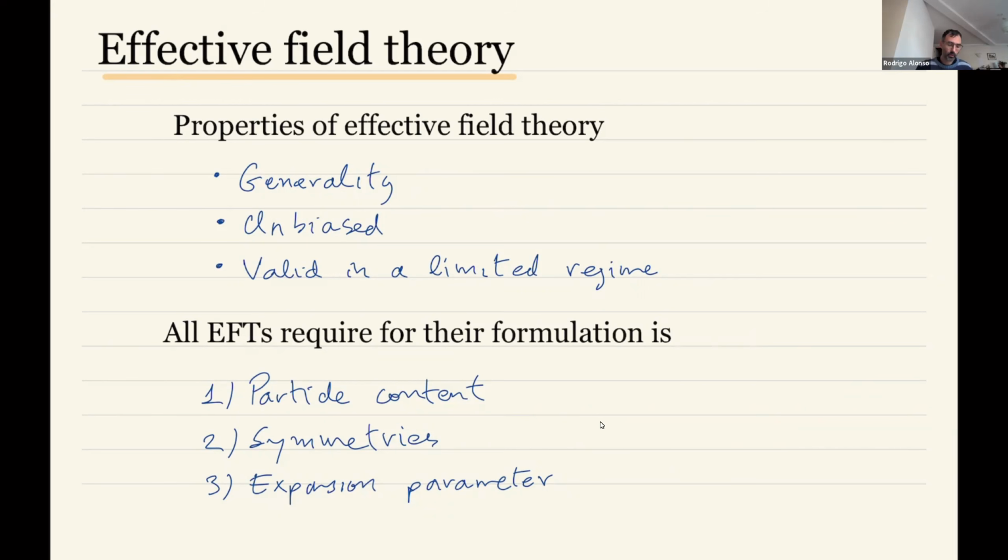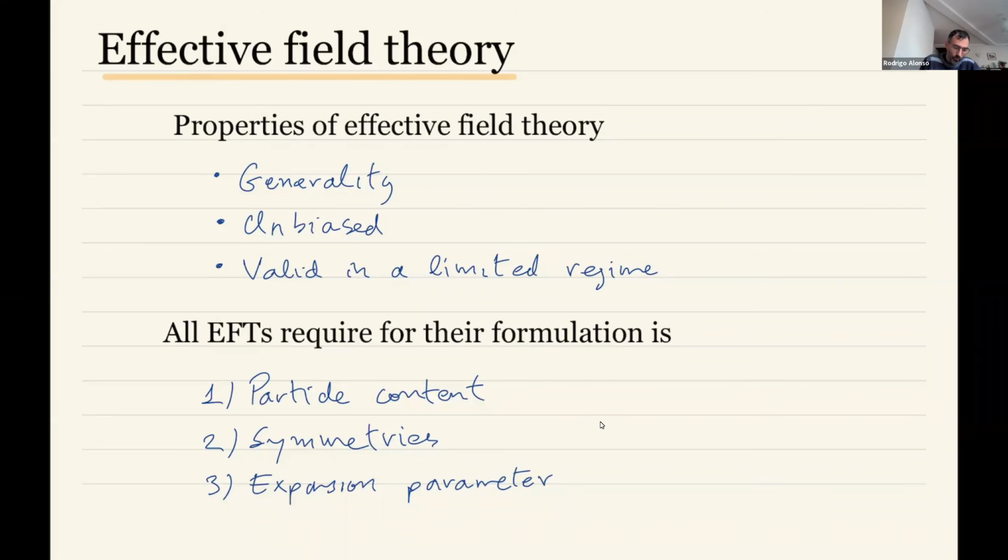But if you ask me what are the most prominent properties of effective field theory, I would say that within its assumptions, because there are assumptions, which is basically a separation of scales. But within those assumptions, effective field theory is very general.